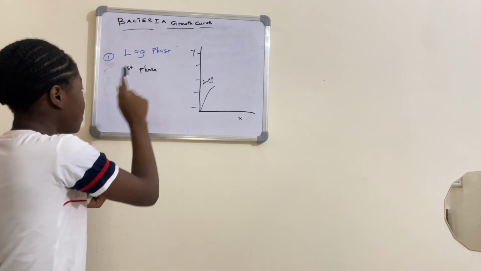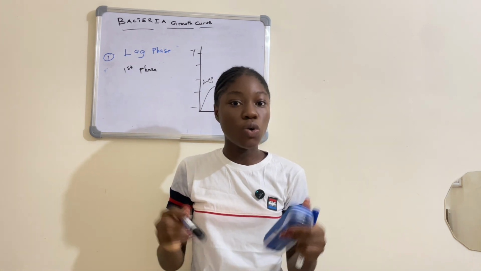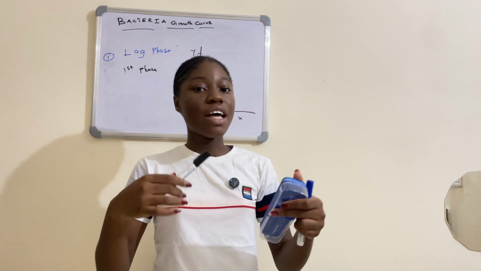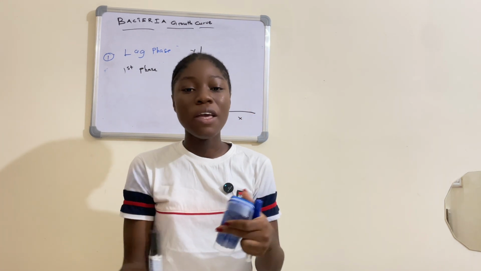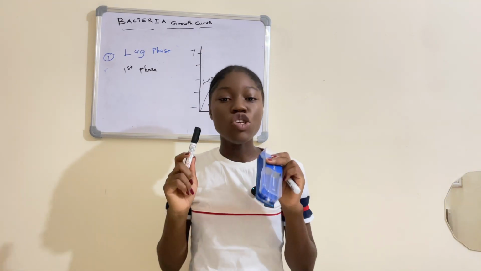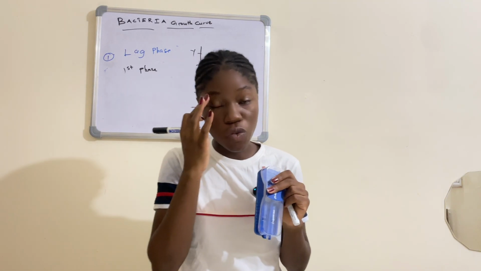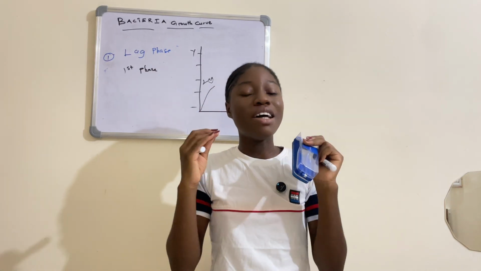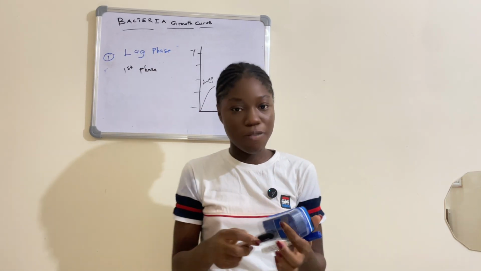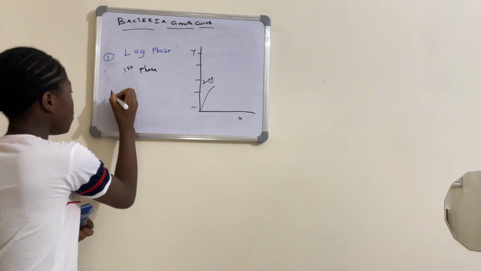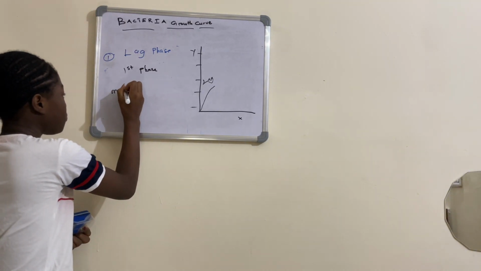So the lag phase, which is the first phase. In this phase, the bacteria get introduced into the culture system, and then the bacteria start to adapt to that culture system, and there is no growth observed in this phase. In the lag phase, there is no growth. Remember that. But the bacteria is metabolically active.